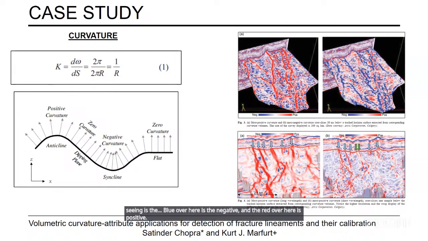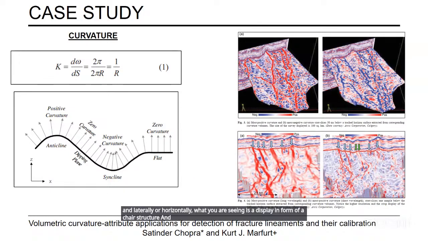This is a time slice on the vertical, and laterally or horizontally, what you are seeing is a display in the form of a chair structure.